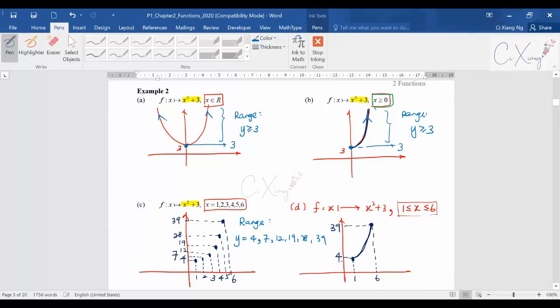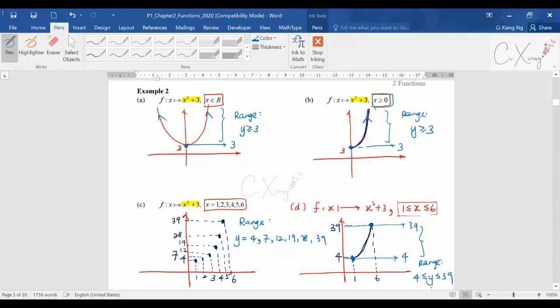So this is the range for this part C. And for part D, what is the range? For part D, the smallest value of the graph is 4, and the largest value for the graph is 39. Therefore, the range is between 4 until 39. If you want to write it out, it should be 4, less than or equal to y, less than or equal to 39.